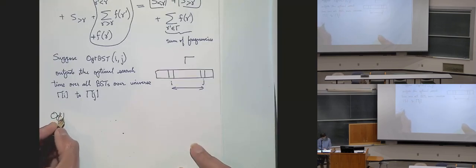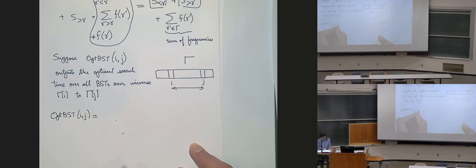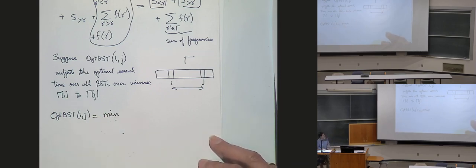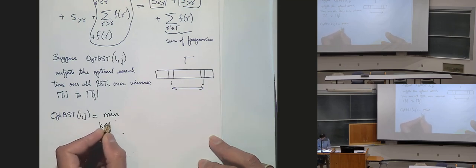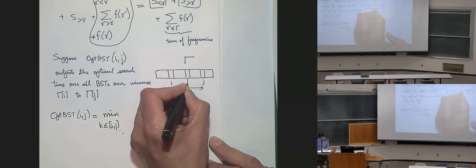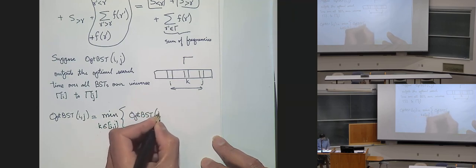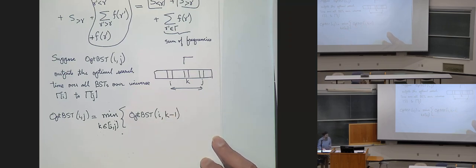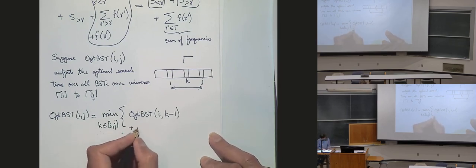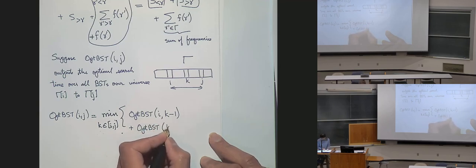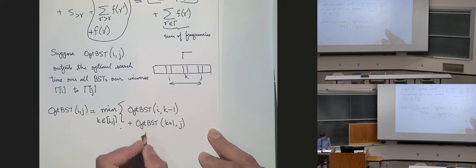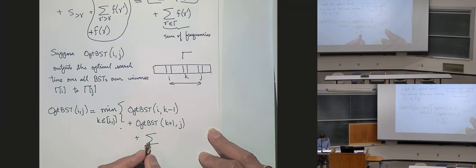I'm going to say opt BST ij is equal to the minimum over all k in between i and j of opt BST i to k minus 1, plus opt BST of k plus 1 to j, plus the sum over all k going from i to j of the frequency of the kth character, right? So the frequencies are here, say.